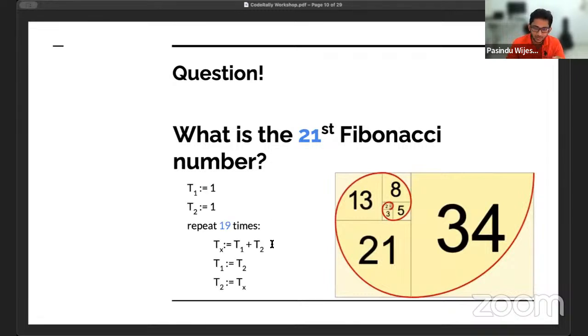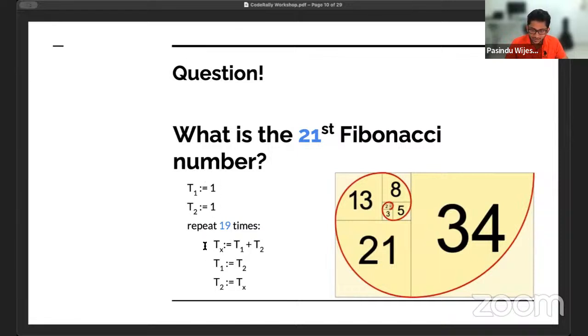Cool. Now, if you look at how you had to come up with this answer, we can write it into an algorithm like this. Let's say we have two variables, T1 and T2. In this case, we initialize those two with 1 as the initial values. And then we are going to repeat 19 times, by which at the end of this loop, T1 and T2 are going to contain the 21st Fibonacci number.